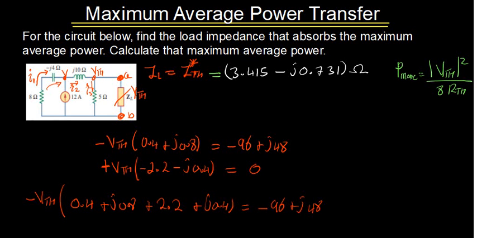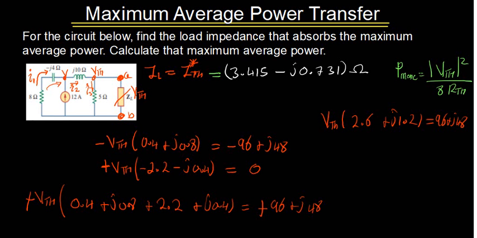So we are going to have minus. By the way, you can get rid of this and that, it becomes positive. So that's going to be V Thevenin open bracket, 0.4 plus 2.2, giving you 2.6, plus 0.8 plus 0.4, giving you j1.2. Remember, this is equal to 96 plus j48.